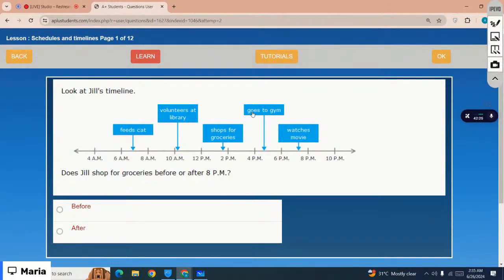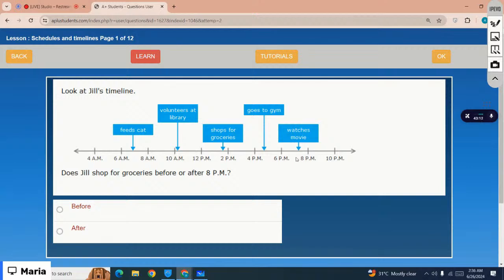Does Jill shop for groceries before or after 8 p.m.? Here is 8 p.m., right?